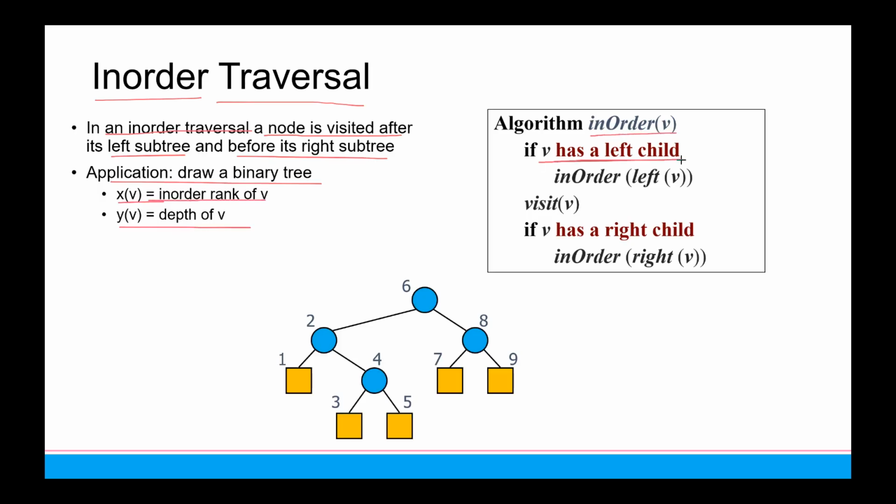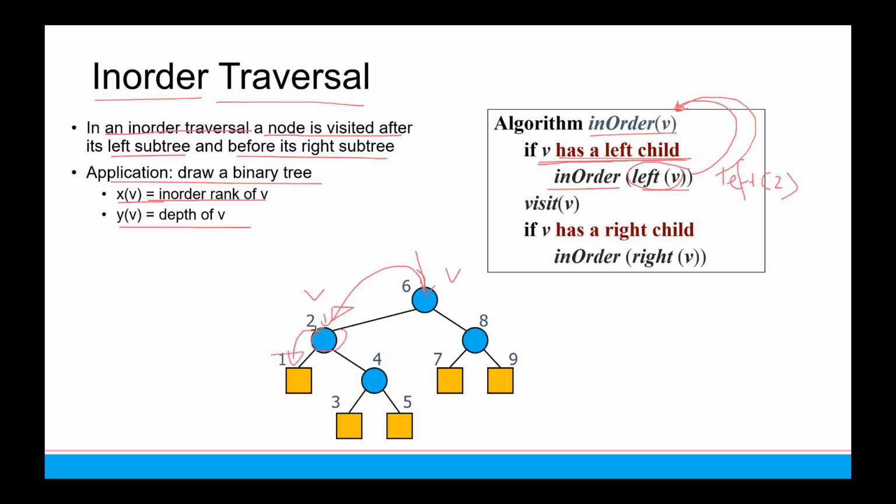If V has a left child, so now this is V. V has a left child, yes, then we call in order of left of V. Then we check this new V, left of V, so left of 2. After we have this left of 2, we call again in order V on this node. Check if V has a left child.